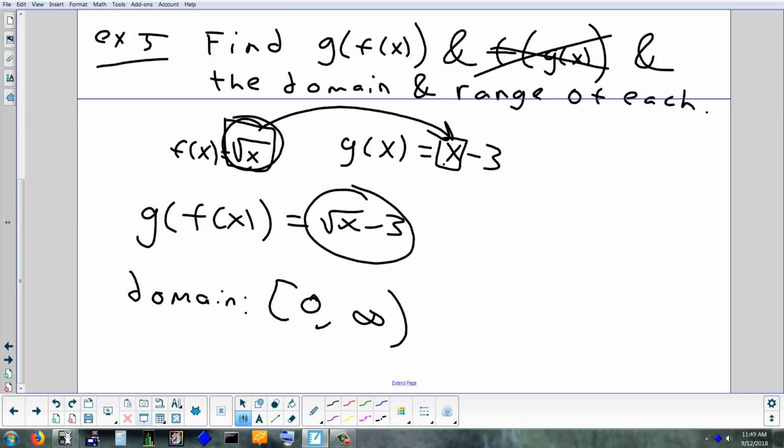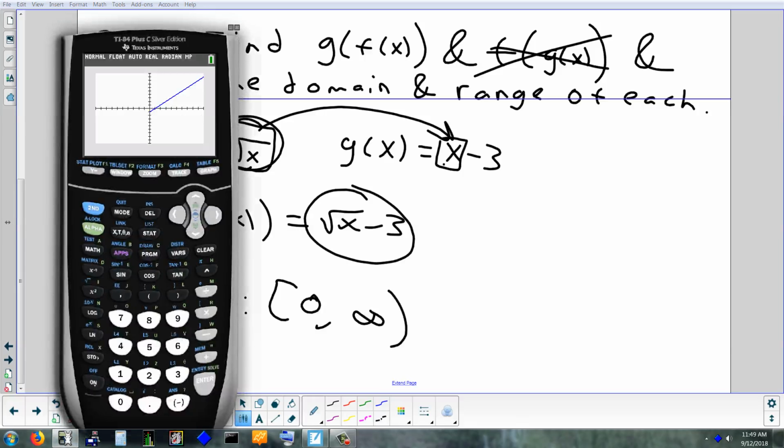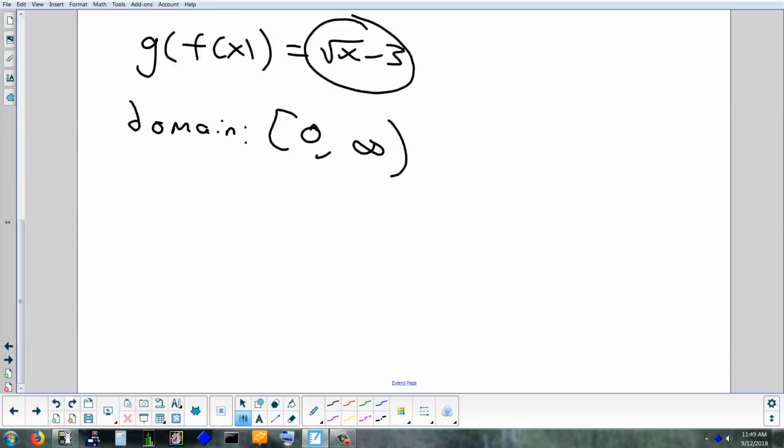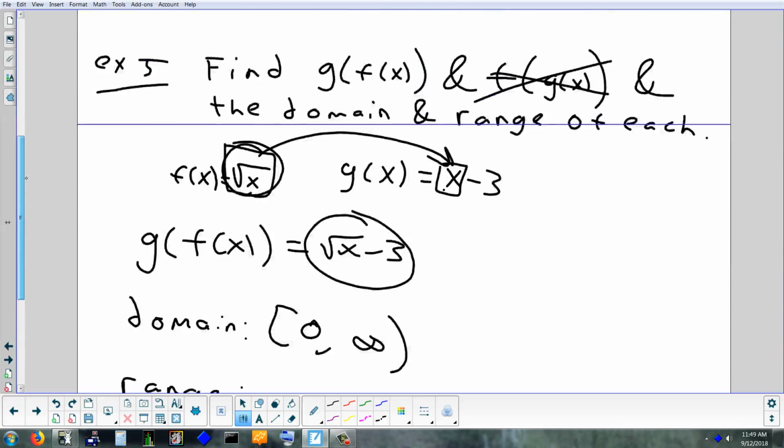So this time the restriction is just greater than or equal to 0. Not sure if someone ever told you can't take the square root of 0, but you definitely can. Just trust me, you can. Now the range. So let's graph it. We've got the square root of x minus 3, and nothing canceled, so it's not like the last problem, where I had to be careful because I canceled the square root.